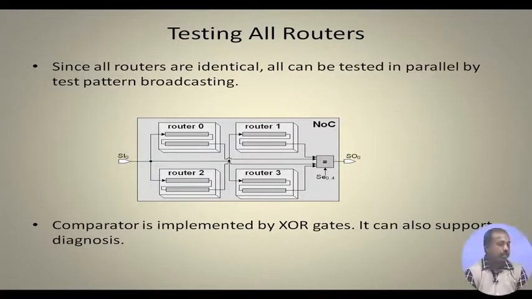If some router is determined to be faulty, we can take help of some other router, and the core that was attached to the previous router is transferred to another good router. So, the core at the faulty router gets transferred to a functionally correct router. There are many works on fault diagnosis and fault tolerant NOC designs, and they actually rely on this type of principle.